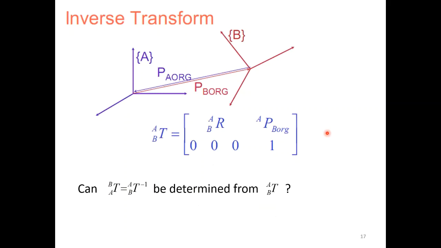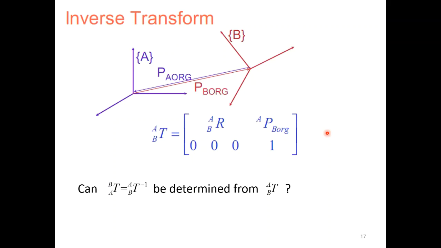Now let's look at the inverse transform, because for every transform we need to study the inverse also, because we might need to change the reference to relative and relative to reference, right? So when we do that, if the transformation is not only rotation but translation together, right?